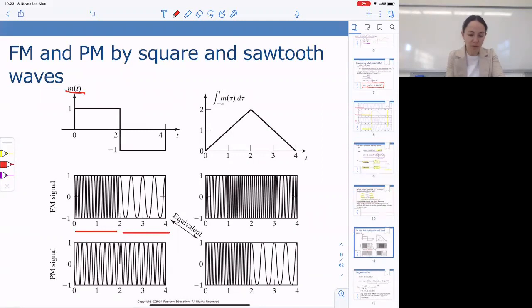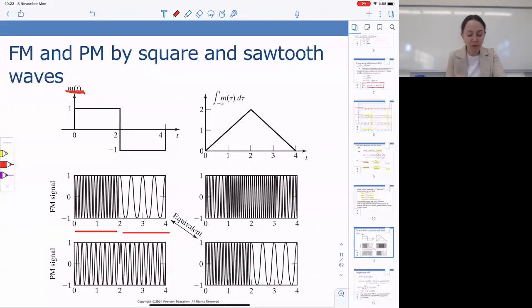Or you can directly think about the phase modulation. In this case of a square pulse, it's easy to think directly. The message is scaled and added to the phase.